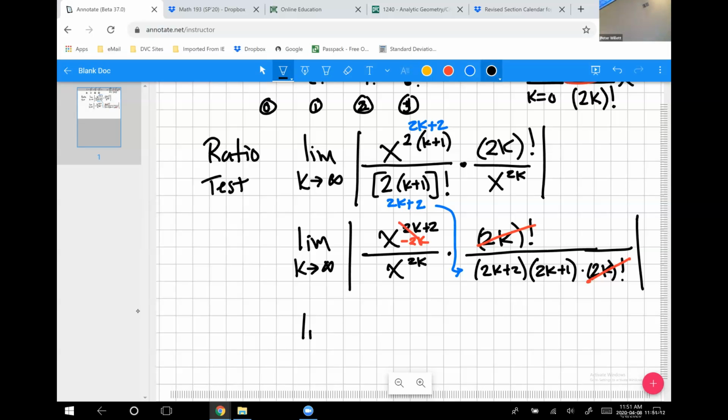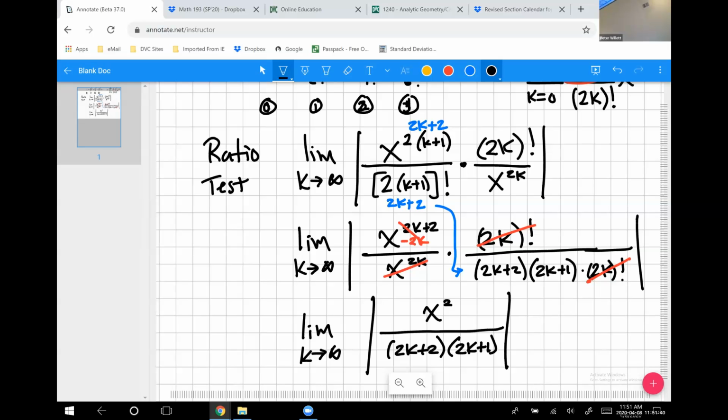So I'm left with the limit as k goes to infinity of the absolute value of x squared on the top, and in the bottom, I have 2k plus 2 times 2k plus 1.